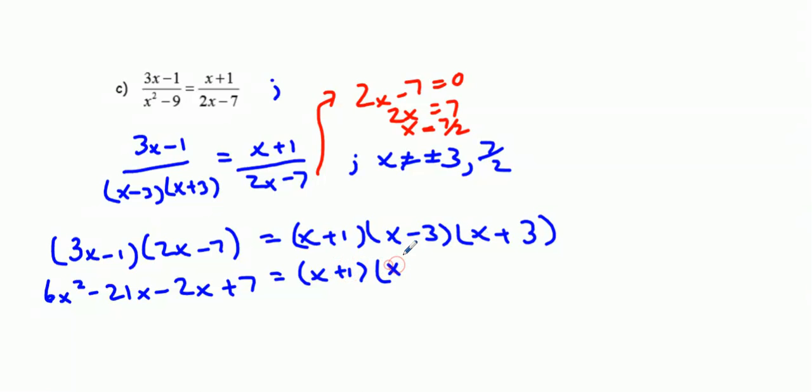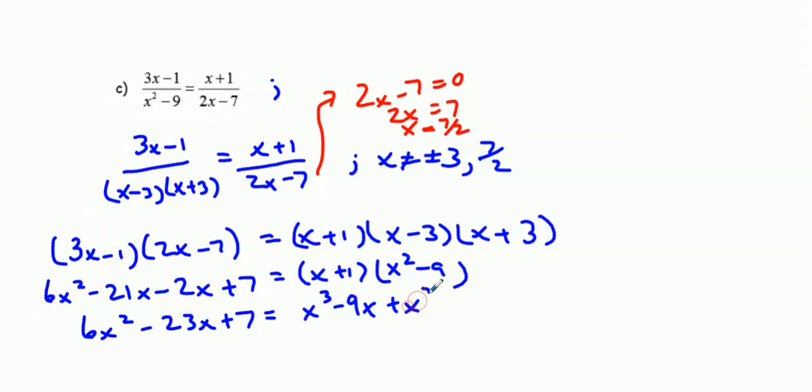So this is x² - 9. And then let's gather these like terms. 6x² - 23x + 7 is equal to, now we're FOILing again, x³ - 9x + x² - 9. And these are all different terms.